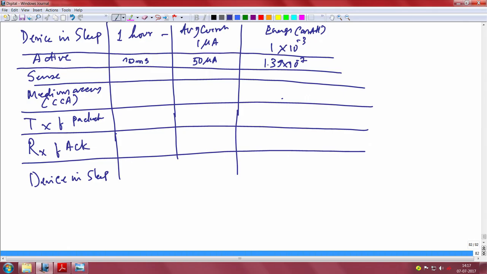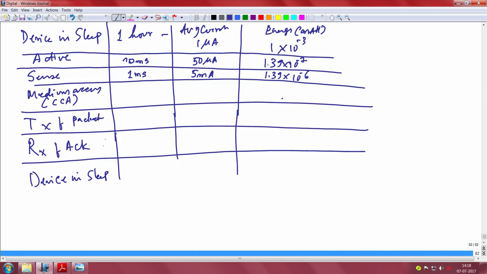But if you do sense, it is not going to be simple, you will sense for perhaps 1 millisecond, and you will consume some current for sure, right. That is easy, 50 microampere, 5 milliampere.